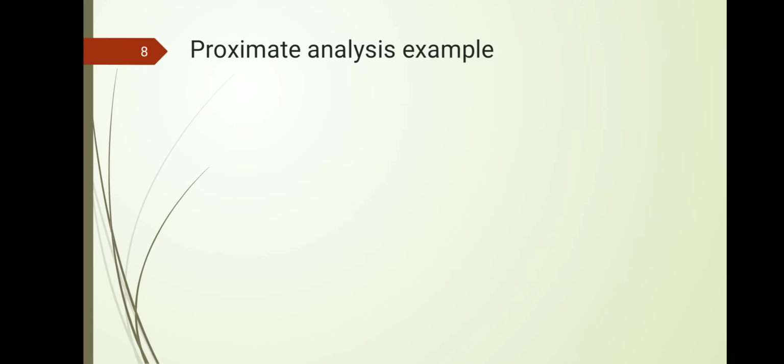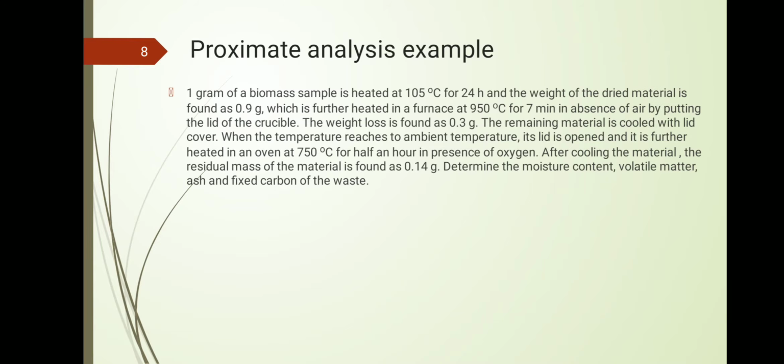And we have a small problem to understand more about this proximate analysis. One gram of biomass sample is heated at 105 degrees for 24 hours, and the weight of dry material is found to be 0.9 gram. It is further heated in a furnace at 950 degrees Celsius for 7 minutes in the absence of air by putting a lid on the crucible.